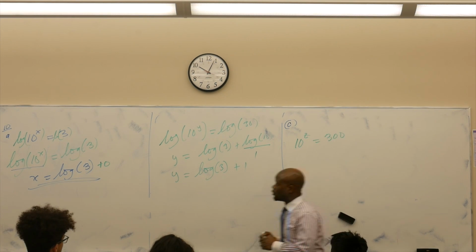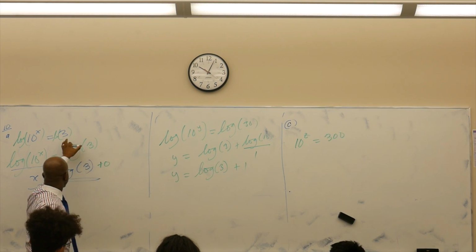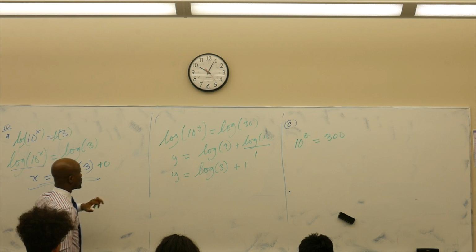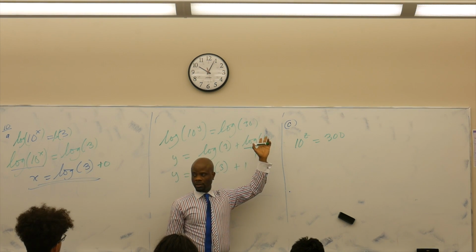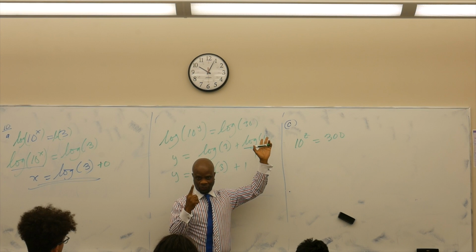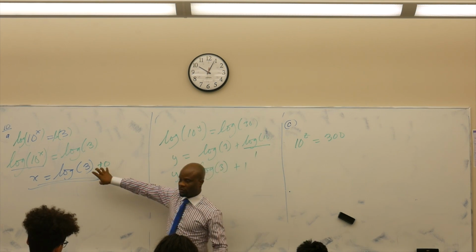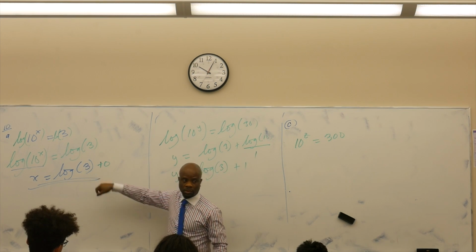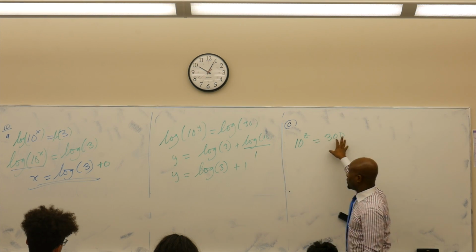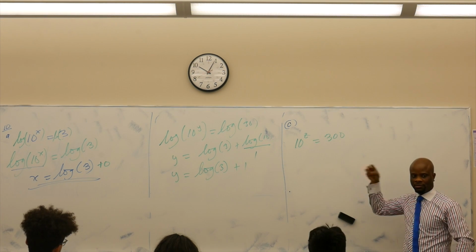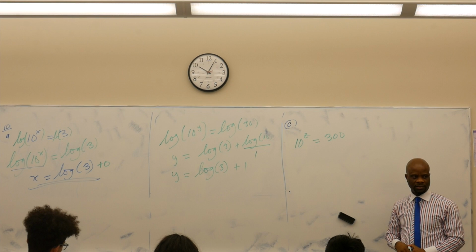Yeah, because if we look here, we started with 3, we went to 30, that's a multiplication by 10, right? And the log of 10 is 1, right? So this was a multiplication by 10 to the 0, a multiplication by 10 to the 1, and this one is a multiplication by 10 to the 2. See that?